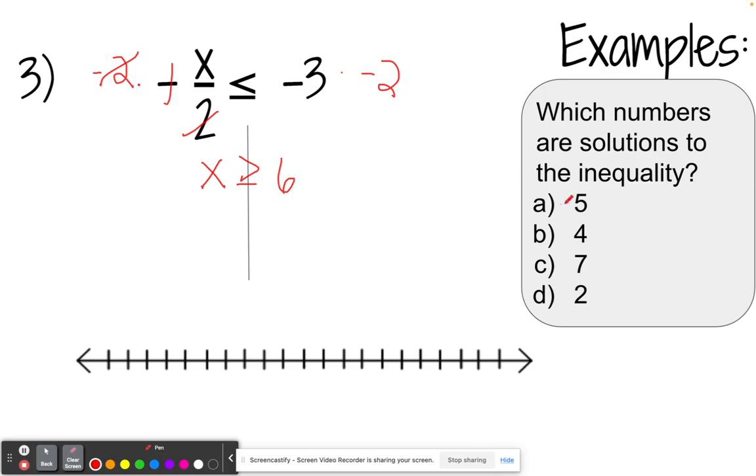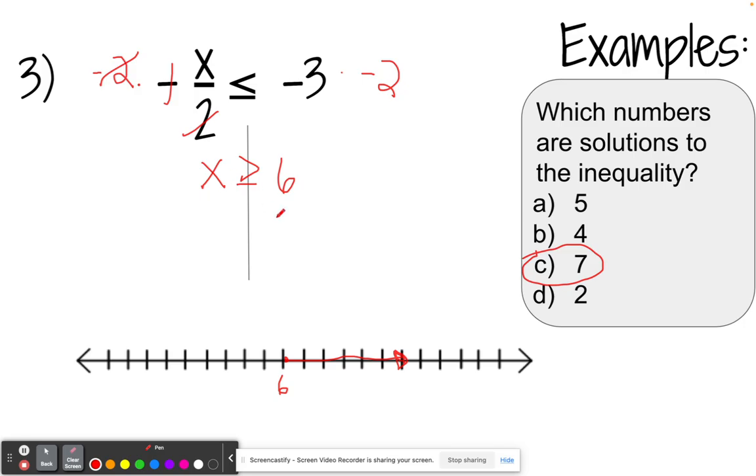Which of these numbers are greater than or equal to positive 6? Only 7. The other numbers are smaller. Let's give 7 a try. If I were to graph this, I'd put my x here at 6, and all the numbers bigger than 6. And it's a closed circle because it has "or equal to." So 6 would also work.